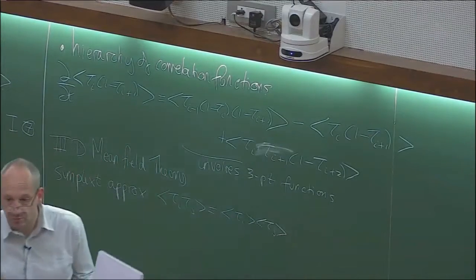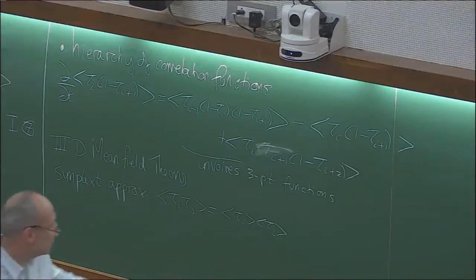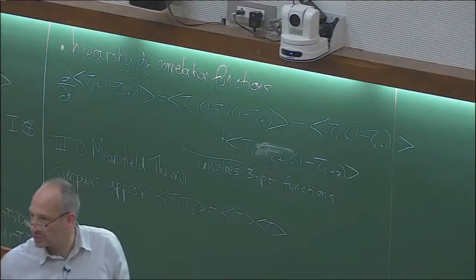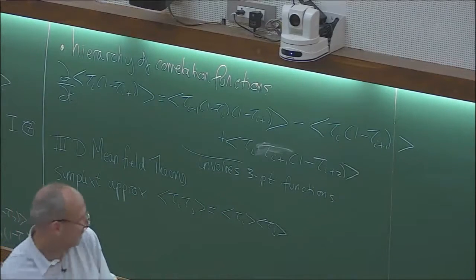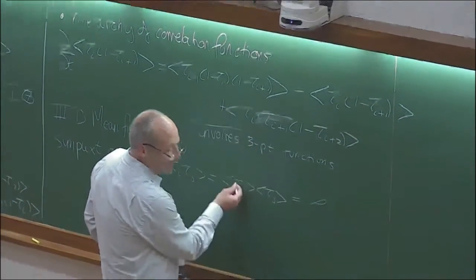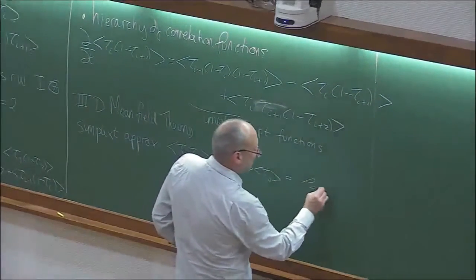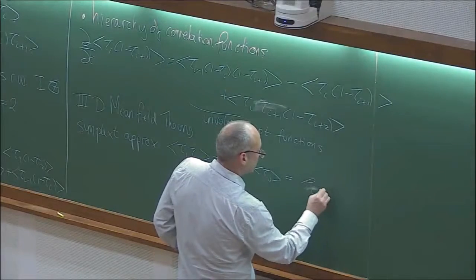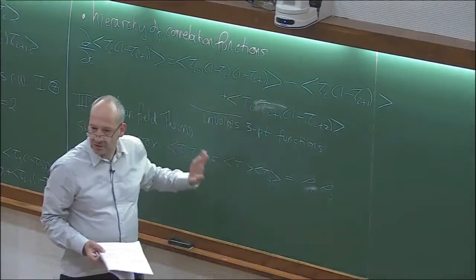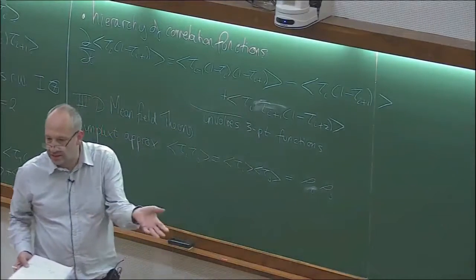So we ignore correlations, because in general this is not true, there's some correlation. But we just say no, we approximate it as zero correlation. And let me just change notation, and I can call this the average of tau i, so it's just a density. To lighten notation, let me just put rho i, rho j. And similarly, three-point correlation functions I just write as a product of three densities.